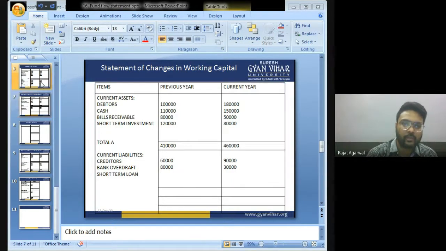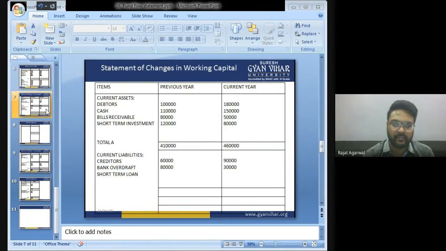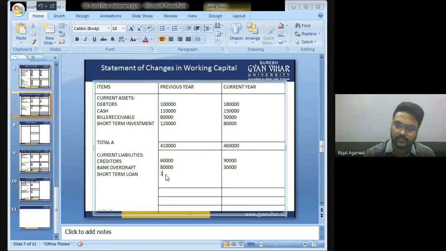How much is short-term loan? 1,50,000 and 1 lakh.